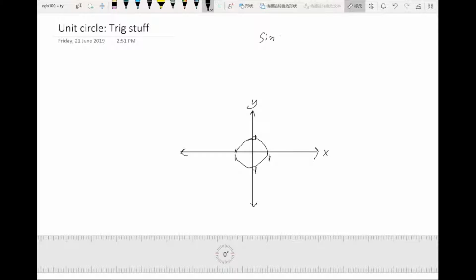Sine of any angle theta is the opposite side over the hypotenuse. Which means cosine of any angle theta is equal to the adjacent over the hypotenuse.